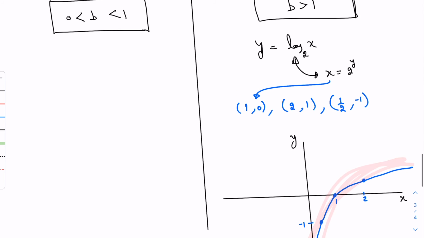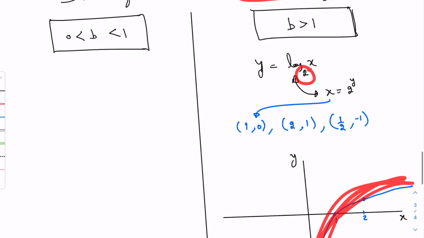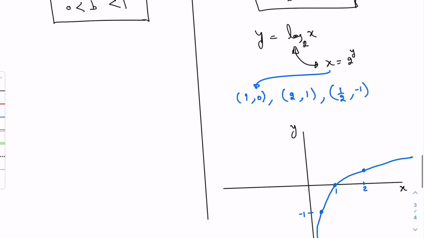If we replace this 2 with 3, that is just going to give me corresponding points. This point will shift here. If we are talking about 3, then the output will be 1 corresponding to 3, so that point will come here. So log x base 3 will be a curve like this.